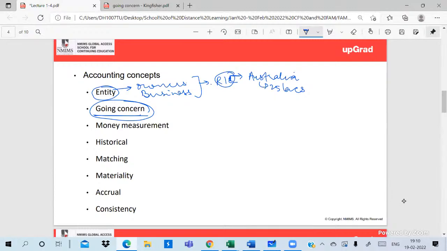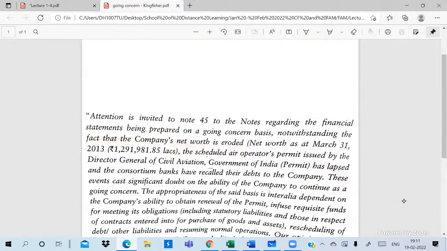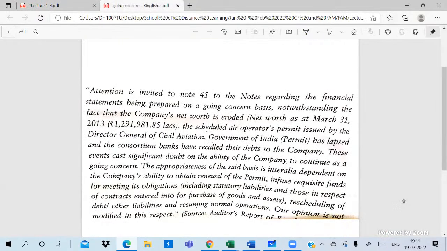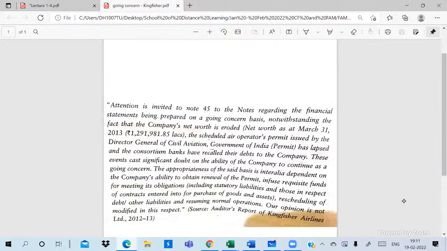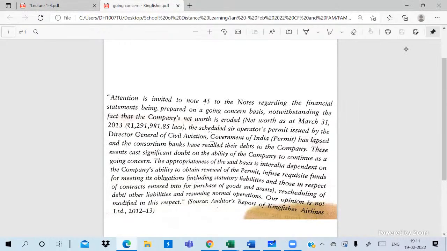So I'll just share one snippet of what happened with Kingfisher. So let's look at what happened with Kingfisher. So it says, attention is invited to note number 45 to the notes regarding the financial statements being prepared on a going concern basis. Notwithstanding the fact that the company's net worth is eroded, the scheduled air operators permit issued by DGCA has lapsed, and the consortium banks have recalled their debts to the company.